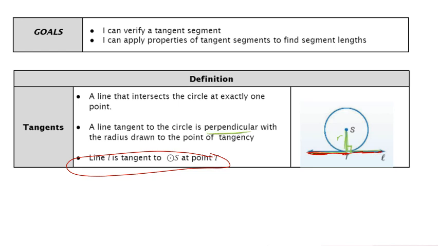When we form right angles within a circle, we can use all of our triangle properties that we learned with trigonometry, the Pythagorean Theorem. Everything with right triangles can be used for a circle when we create a right angle within that circle. So that's the theme we're going to see with tangent segments and right triangles.